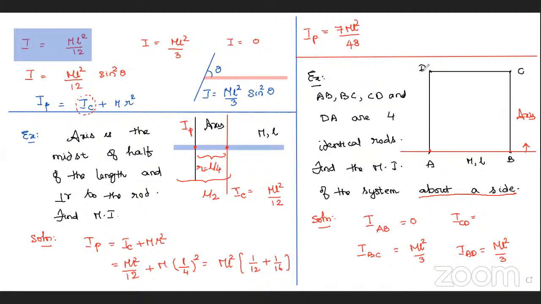This one, look at, the axis is passing through the rod AB, passing through rod BC, passing through rod AD. But it is completely out of the body. Look at, the axis is here.